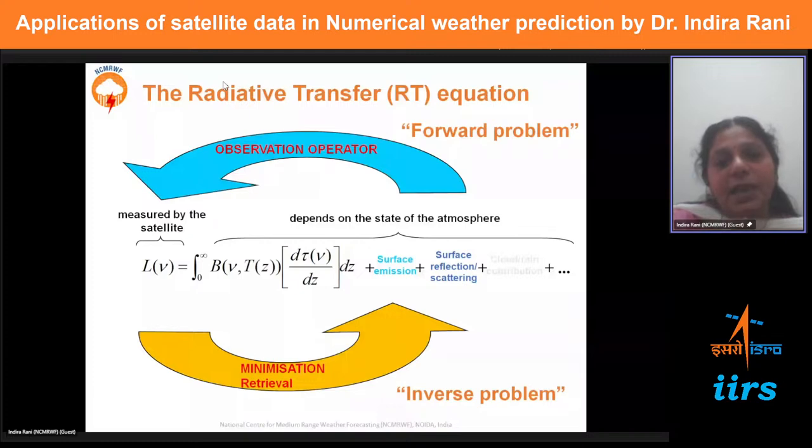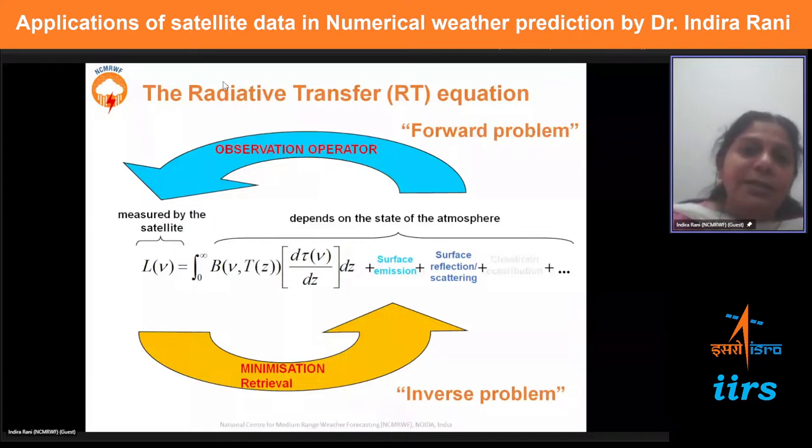Assimilation means we have to minimize the cost function. When we minimize that cost function, we have to compute back from the radiance or brightness temperature to the model state variables, that is the temperature and humidity. So in that case, it is a minimization problem, or the inverse problem.